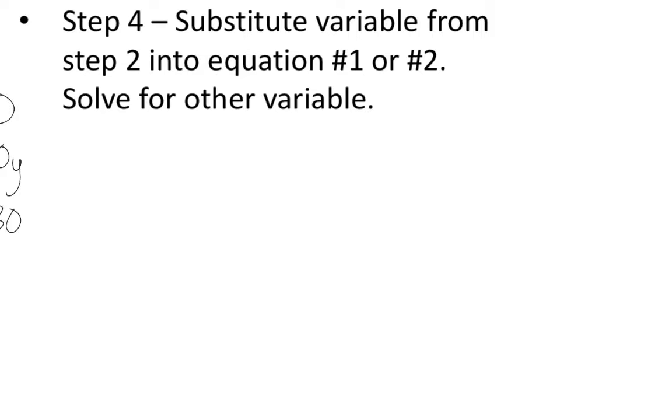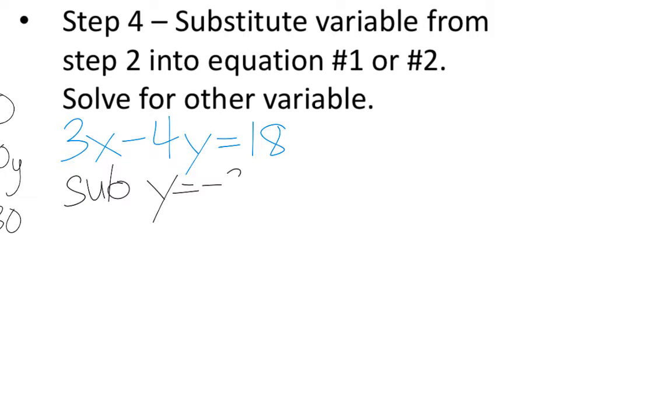Let's start with equation 2. So I have 3x minus 4y equals 18. I'm going to write a little instruction for myself. I'm going to say substitute in y is equal to negative 3. Now, instead of writing y, I'm going to replace it with negative 3 in brackets.